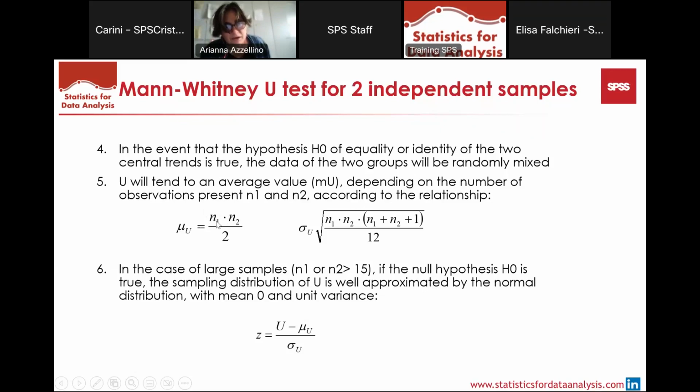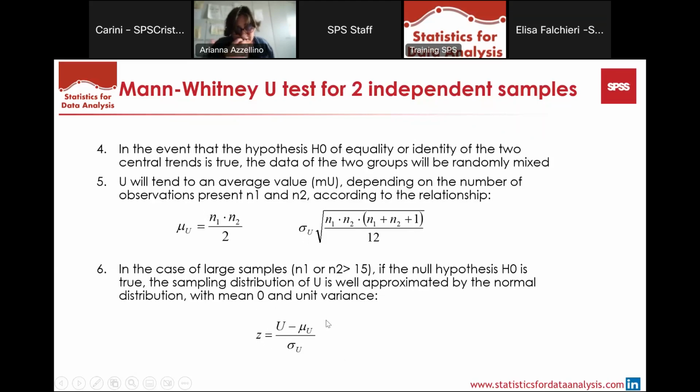So N1 is the number of observations of group A, and N2 is the number of observations in group B. Similarly, I may also estimate a variability of this U statistic. And in the end, I may even obtain a standardized Z score for the U variable.